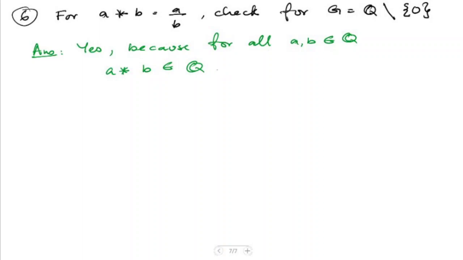Alright, so if we take now a and b from the set of rational numbers excluding 0, then a star b, what I mean is this one here, a divided by b, the operation, will always be an element of the rational numbers. And that's the end of this section.